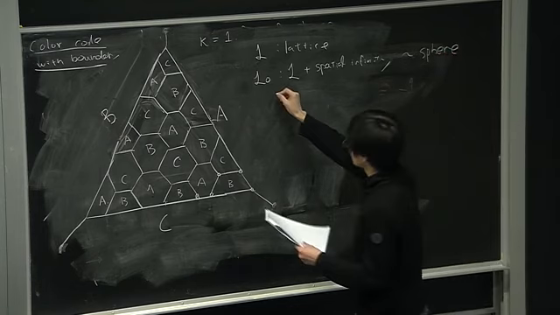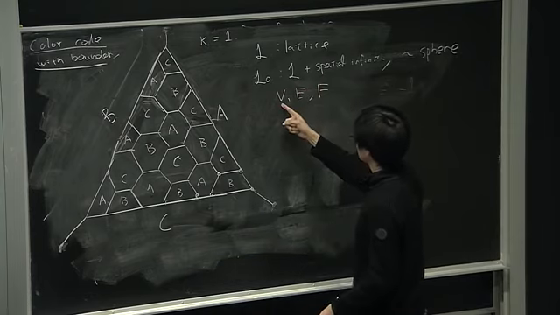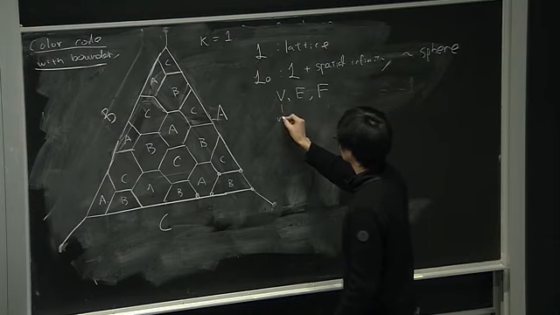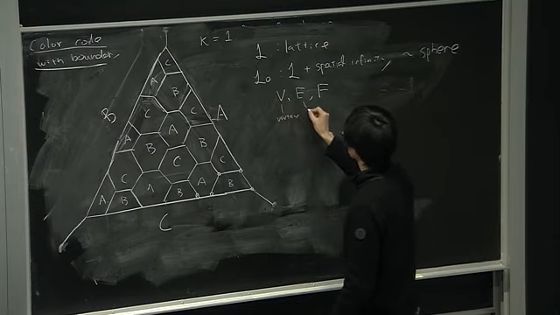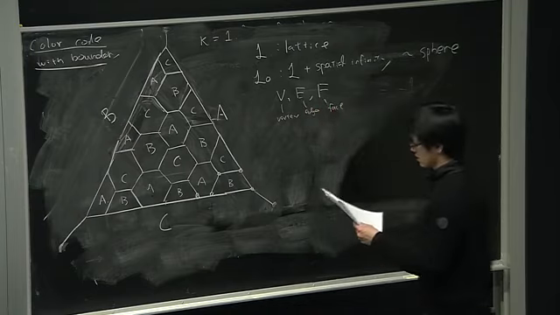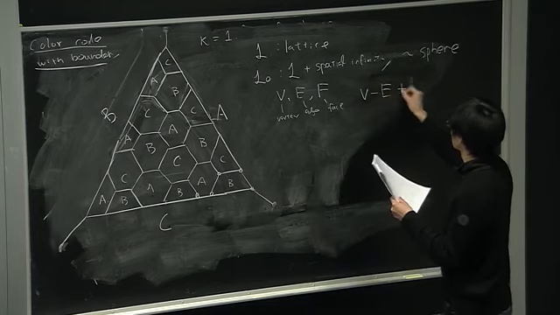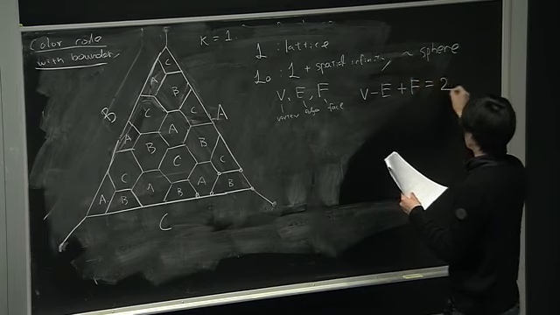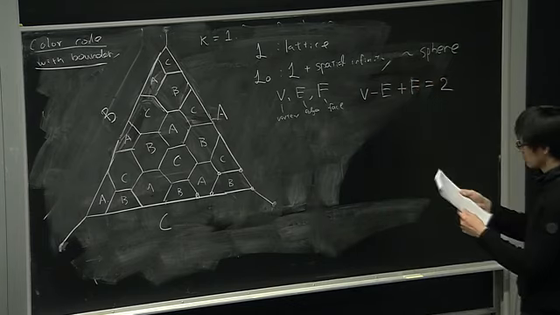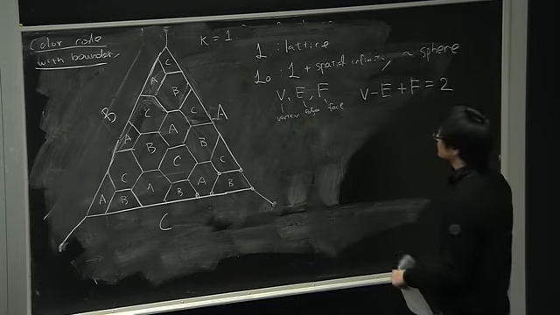Now let me use the number of vertices, edges, and faces. And then you have this nice formula that always equals 2. So let's use this to derive that k equals 1.